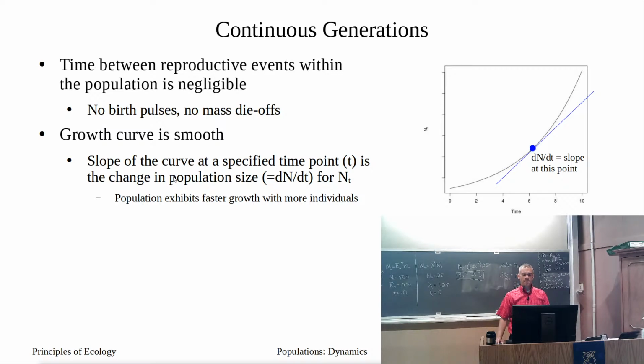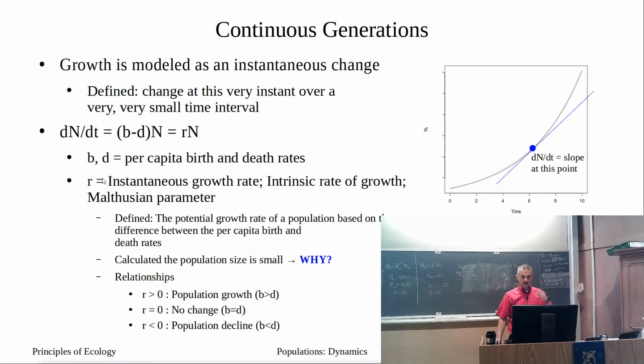The change in our population size will be influenced by our population size at that moment that we're interested in calculating it. All right? So our growth in this case is going to be modeled as an instantaneous change. This will be a change at a very, very small time period. It's change at this instant. All right? Our dn over dt is going to be using this equation here.